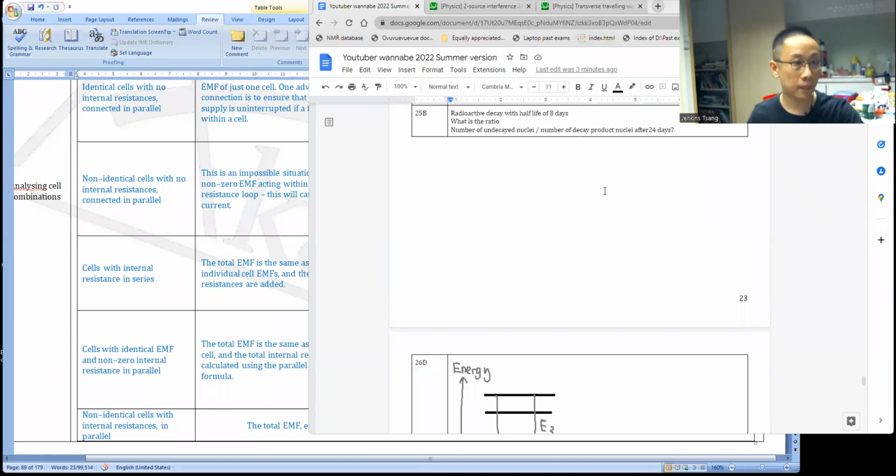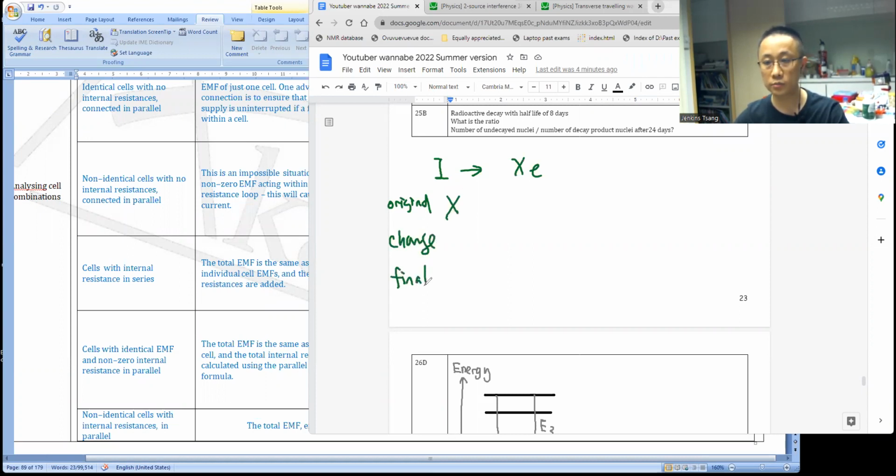Question 25. A pure sample of iodine 131 decays into xenon with a half-life of 8 days. What is the number of iodine atoms remaining over number of xenon atoms formed after 24 days? So I'd like to use a chemistry approach.